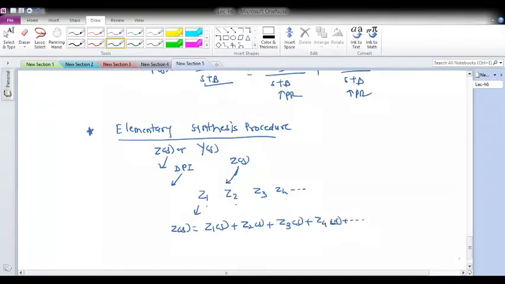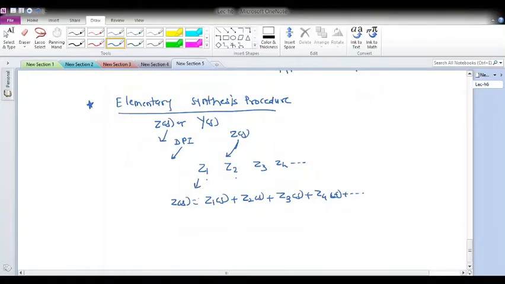Okay, and now this way you have broken up your Z(s) into a sum of individual impedances. Okay, and now this you can realize very easily.